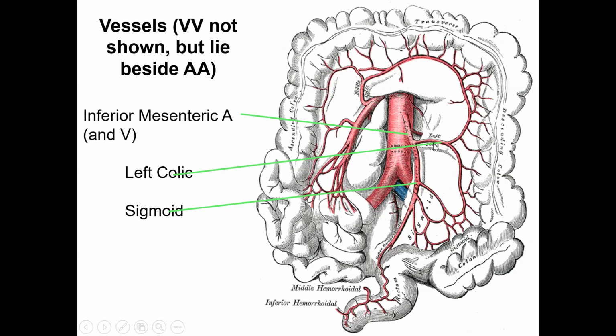Now, the arteries that I just mentioned are also followed with their corresponding veins. Okay, so you'll see the letter V here, and that's just letting you know that when we speak about inferior mesenteric artery, there is a corresponding inferior mesenteric vein that is draining the exact same regions that I talked about. So the artery supplies the region with blood, and the vein drains that region with blood.